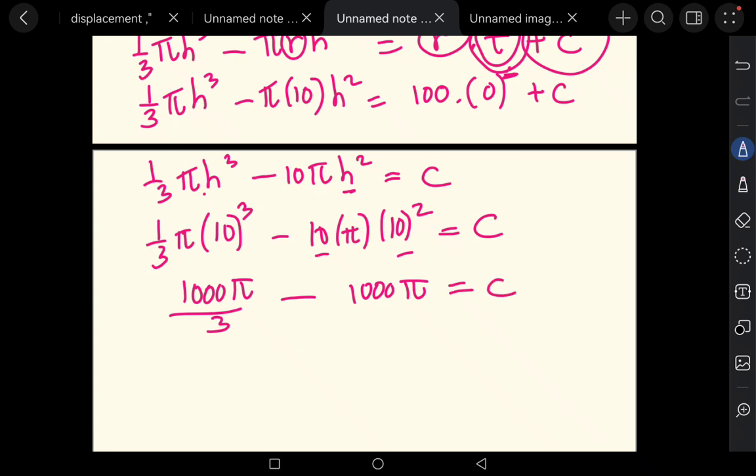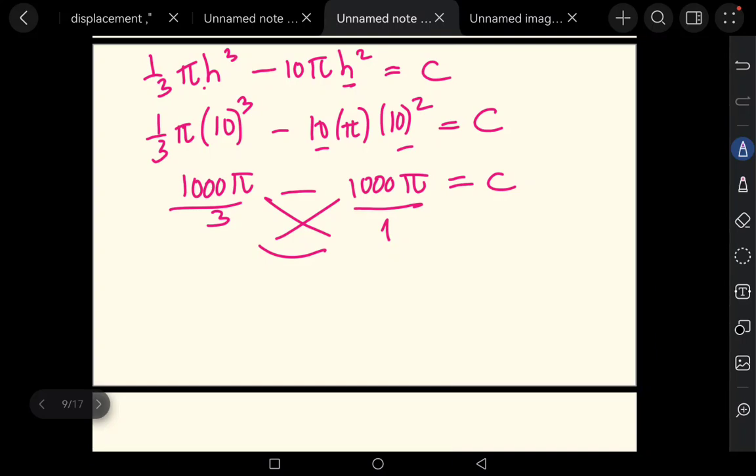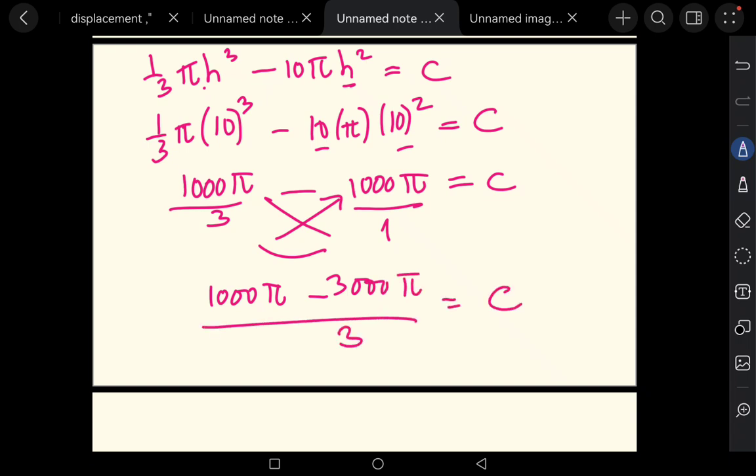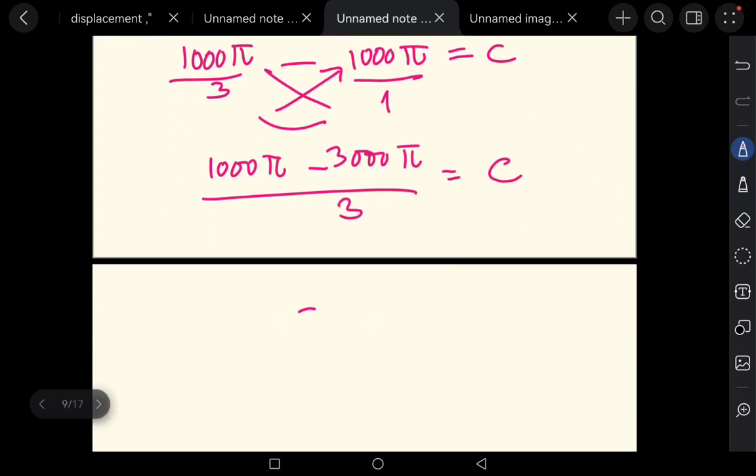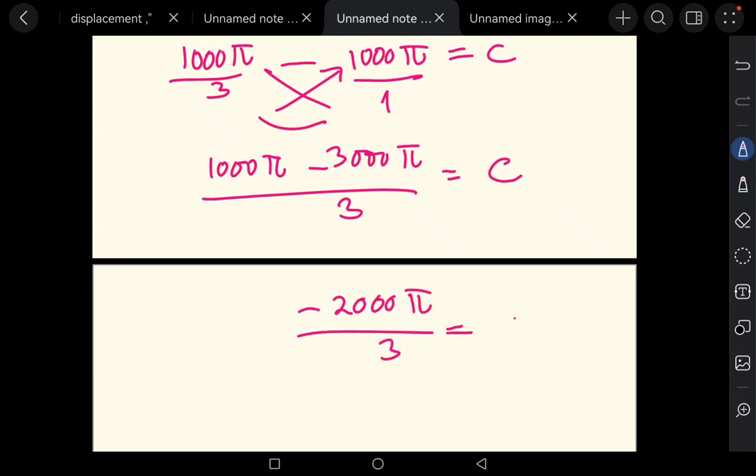If you put it over 1 and cross multiply, you have 1000 pi minus 3000 pi over 3. Now you have negative 2000 pi over 3. That's the C.